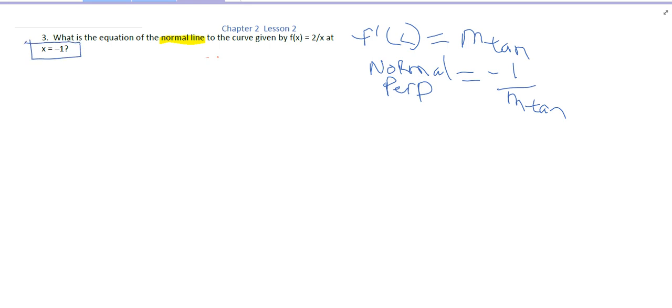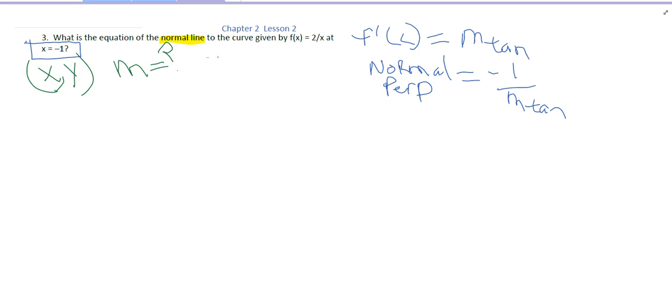So what pieces of information do we need if we're going to write an equation of a line? Well, we are going to need an x and a y coordinate, and we're going to need to know the slope. So we do have an x coordinate right now. We know that it's at -1.